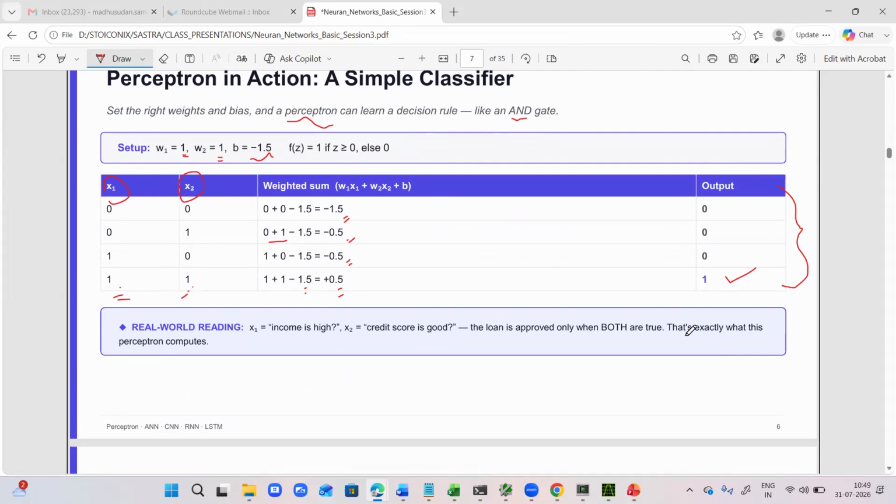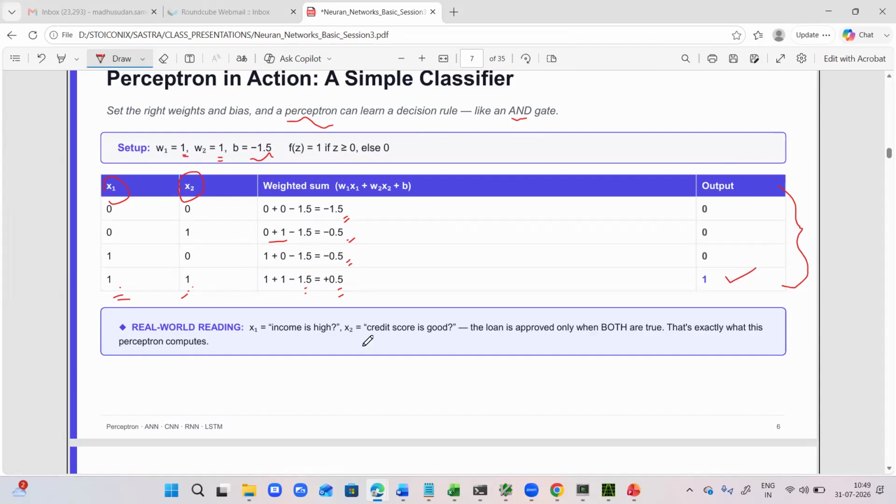So now, what are the practical real world use cases of this? A perceptron itself, I would say, is a concept which helps you understand and build further based on this understanding. But perceptron itself may not be very useful.